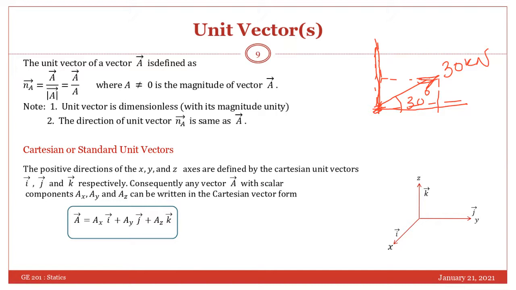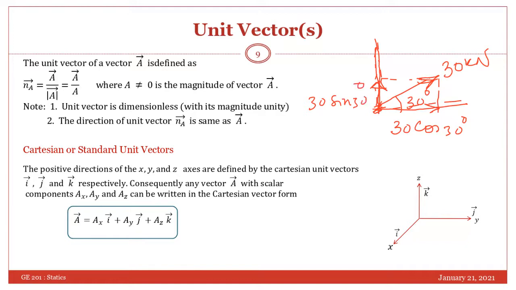30 cosine theta plus 30 sine theta over square root of 30 cosine square plus 30 sine square. No, actually, the first part of your answer is correct. What you will do in this case, you will try to have its components in x and y directions. So this will become, this I will discuss later in detail, 30 cosine 30, and this will become 30 sine 30.